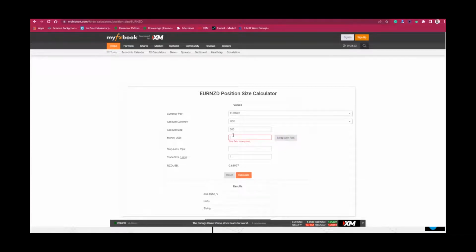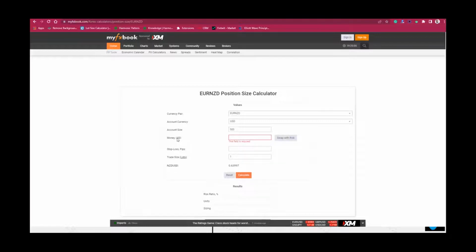If it is $20 I want to risk, or $50, or $7, type it there. But make sure this one is money, USD. Because if it is the risk percentage and you put 12 there, it's going to do 12% for you, not $12. So you have to make sure you see what is here. This one is 12% now, it's not $12. If I swap with money, then I can type $12. I hope we get that.